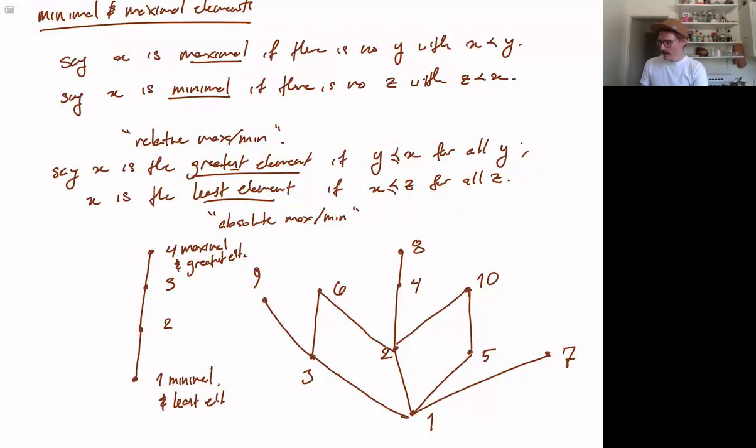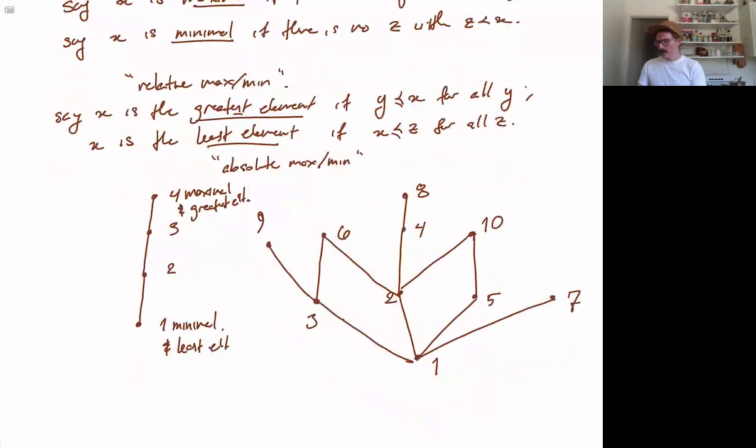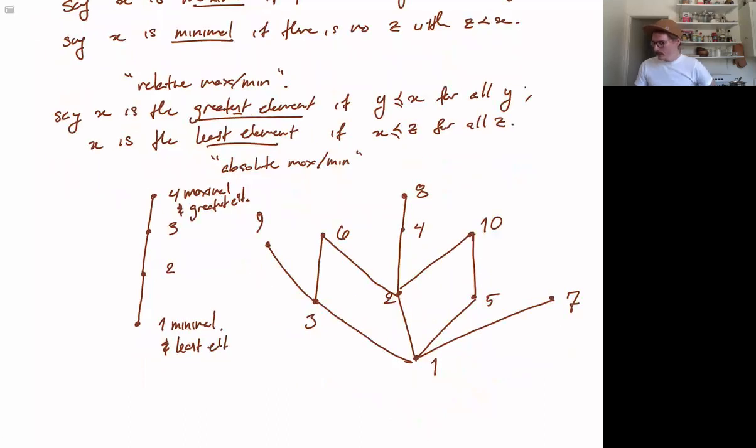This other case is slightly more complicated. So essentially, the reasoning we were saying over here is the same about maximal elements. If there's no line coming up from a certain vertex, then it is maximal. But in this case, we have a bunch of them. So 9 is maximal, 6 is maximal, 8 is maximal, 10 is maximal, and 7 is maximal.